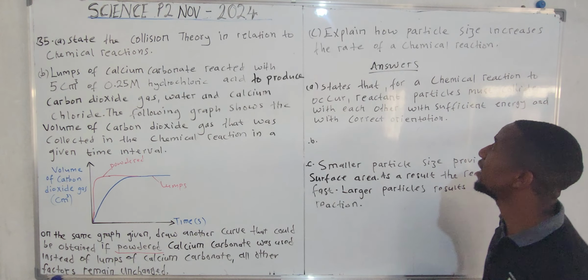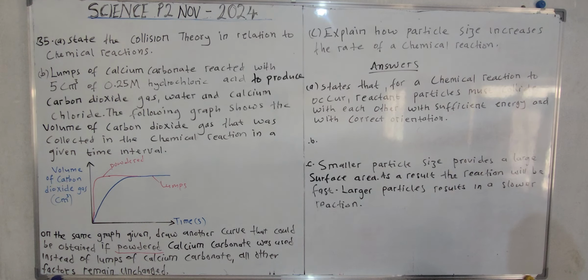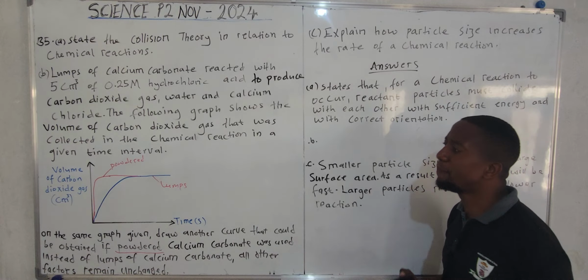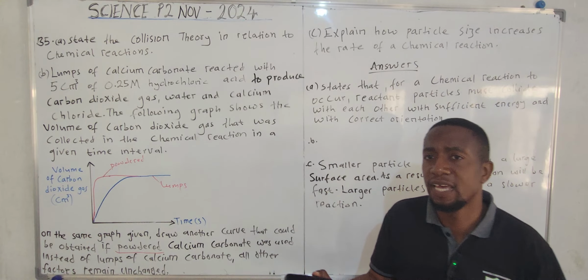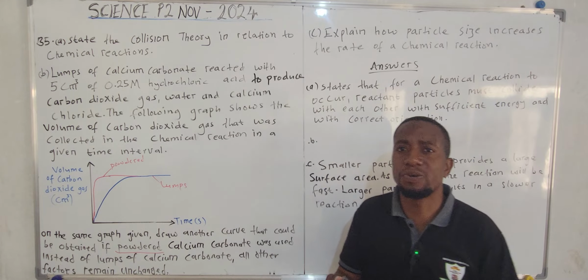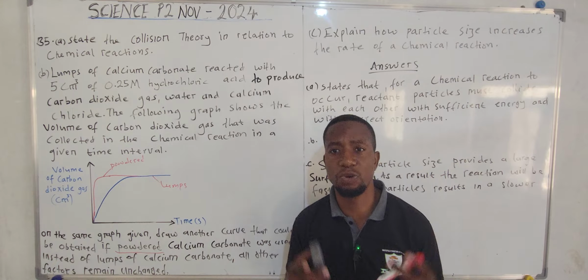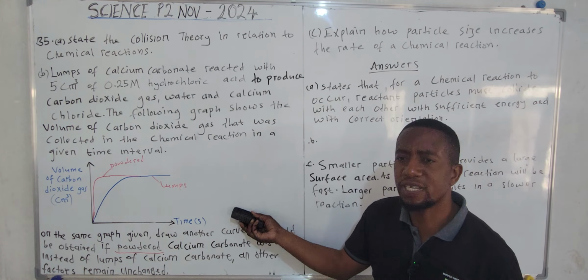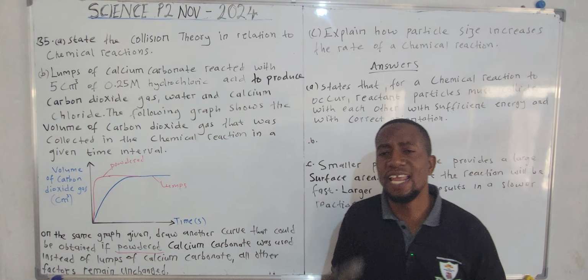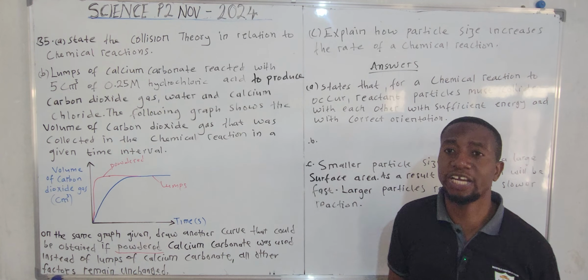Okay, what are they saying? Explain how particle size increases the rate of chemical reaction. Like I'm explaining, the smaller the particle size, the faster the reaction is going to be. This is because smaller particle size will provide a large surface area for a reaction.